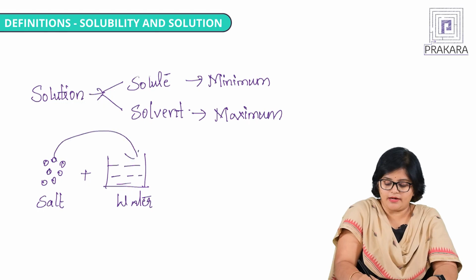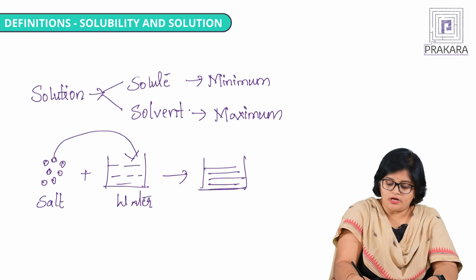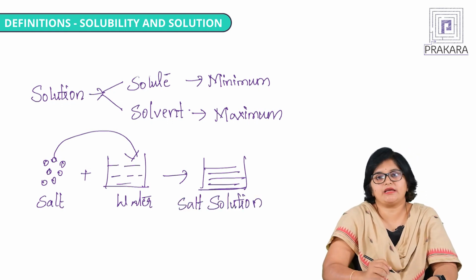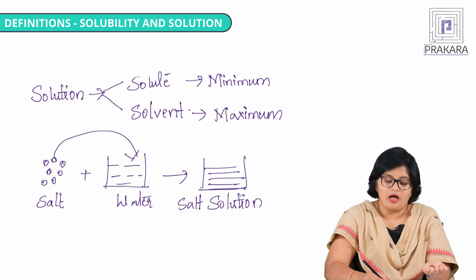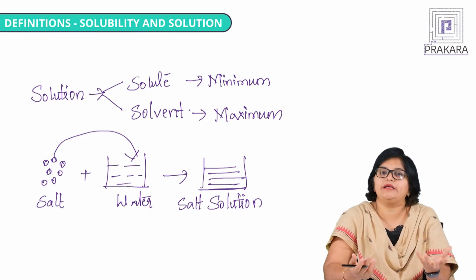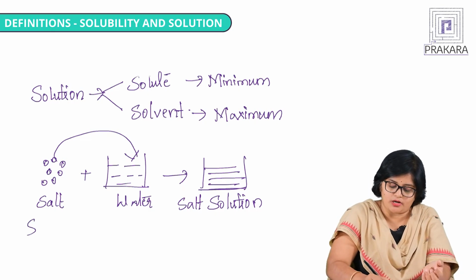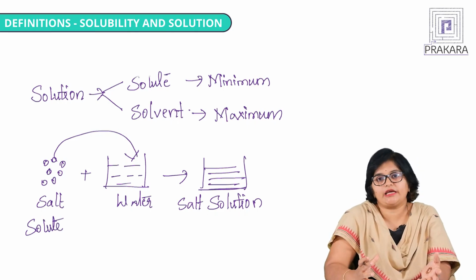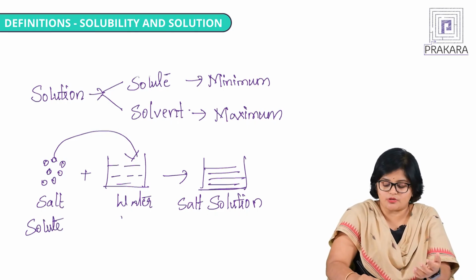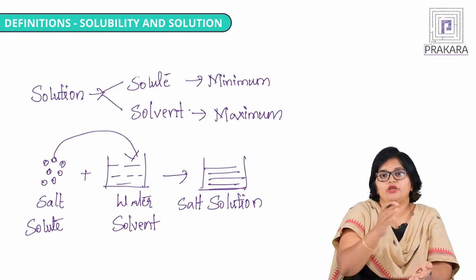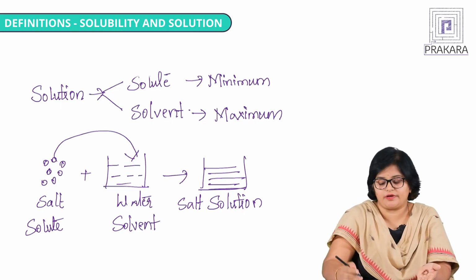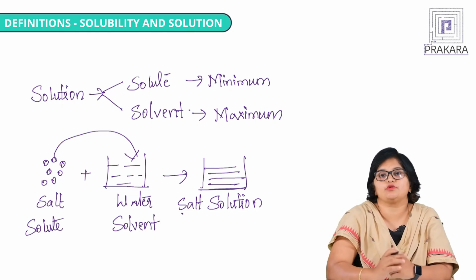Now I have added this salt into the water, where the salt has been dissolved and it has made a salt solution. How much quantity of salt are we taking? A minimum quantity, so salt is called a solute, and water, which we are taking in maximum quantity, is called a solvent. When the solute has been dissolved in the solvent, it gives the salt solution.